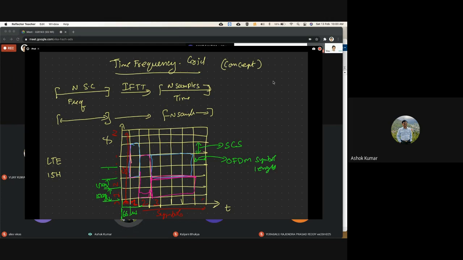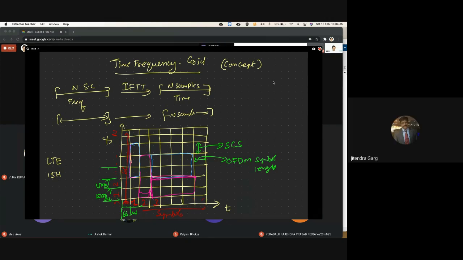So in frequency, you have guard band in the entire bandwidth, which is divided into subcarriers. When you go into the time domain, that is the symbol duration. Perhaps sir will tell later that we have cyclic prefix to take care of a kind of time domain guard band. Yes, that's absolutely correct, sir.